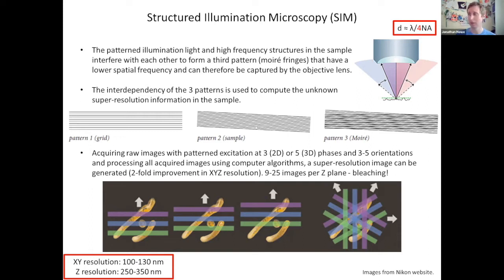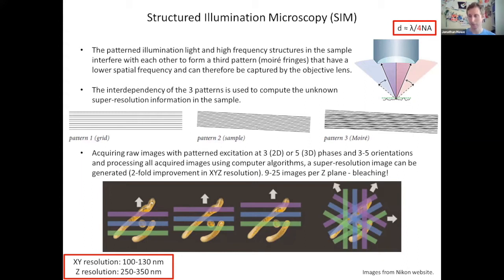If you illuminate the sample and you just get one image, it's stripy illumination. You haven't illuminated the whole sample, and the stripy pattern is inherently orientated in one rotational angle. So in order to pad out the resolution in all dimensions, we have to take a series of images at different phases and orientations.